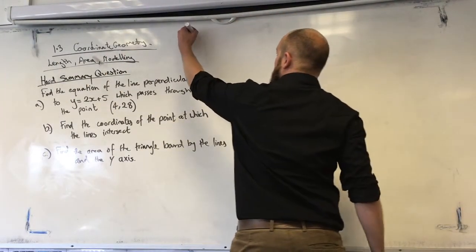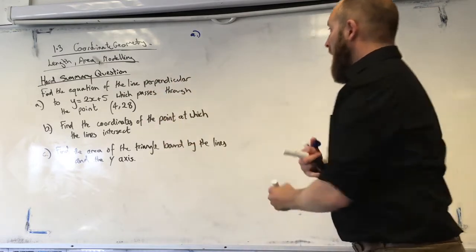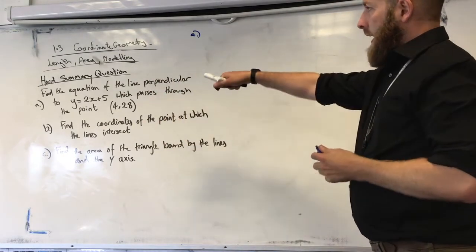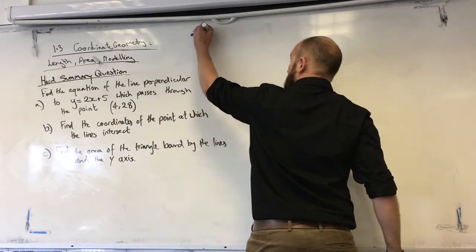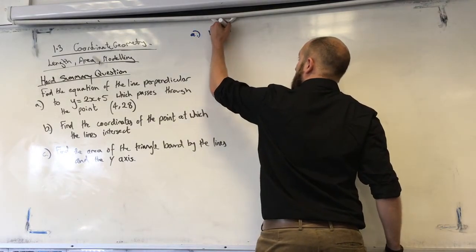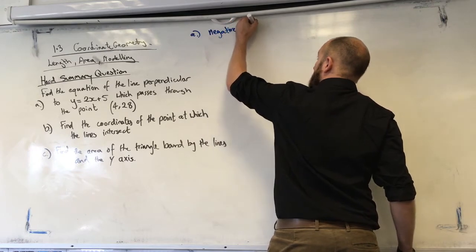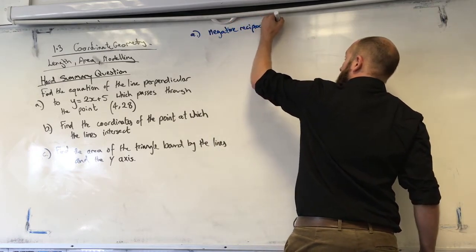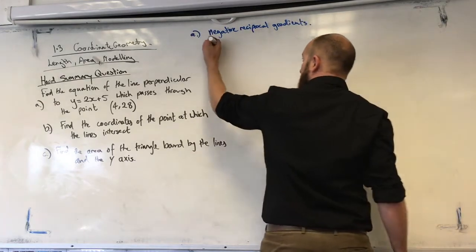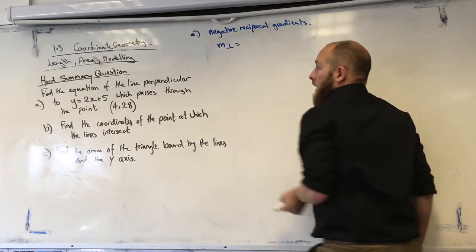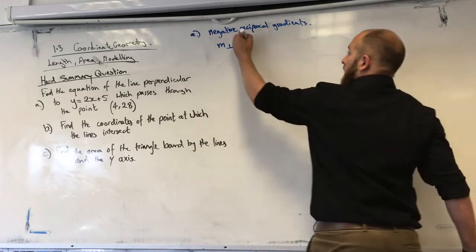Okay, so part A. We want to find the equation perpendicular to that which passes through that point. So remember, perpendicular lines have negative reciprocal gradients. So the gradient of the line we're looking for is going to be minus a half.